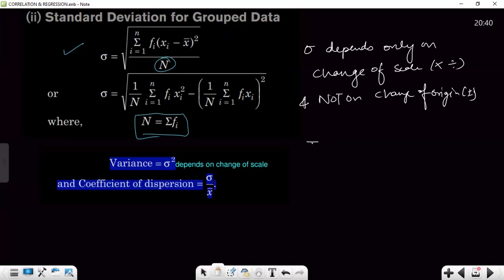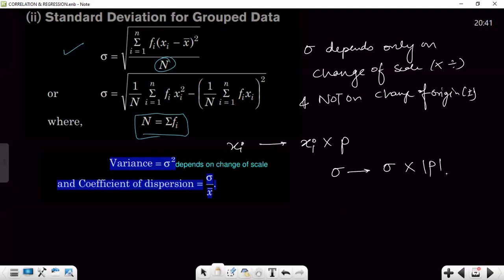And how? If the elements are getting multiplied with p, then the standard deviation will also get multiplied with modulus of p.